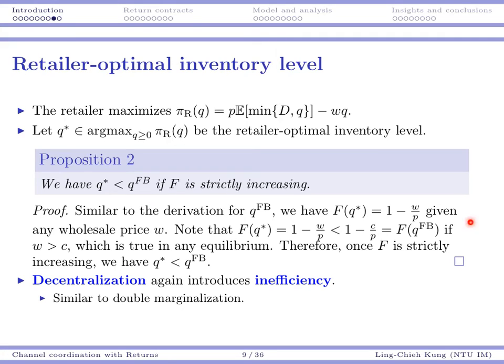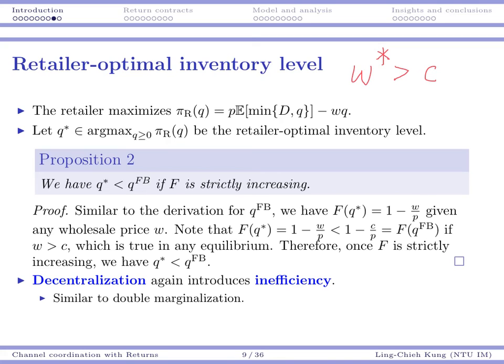The proof is there, you may go over it, but the intuition is very simple. It's simply because the wholesale price in equilibrium will be greater than the cost, right? The manufacturer wants to earn some money, so the manufacturer definitely will choose a wholesale price W which is greater than C. And if that happens, the retailer is going to face a larger cost, and then the retailer will reduce the order quantity.